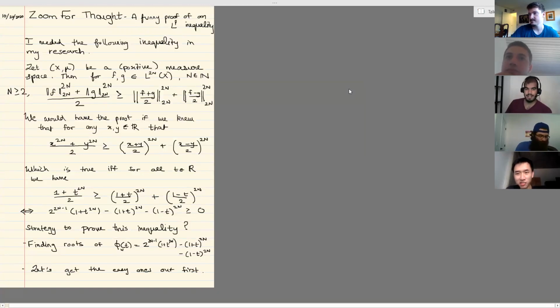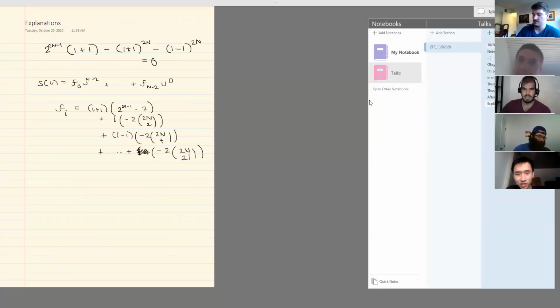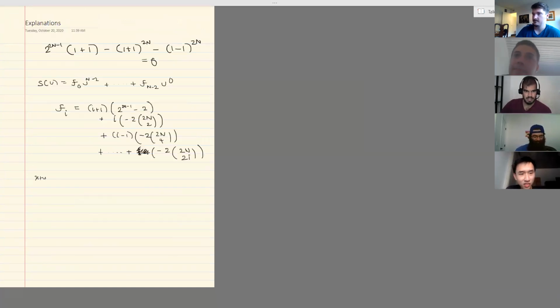So what if you substitute a equals (x plus y) over 2 and b is (x minus y) over 2? I guess that's why I have this explanations thing. So you have this inequality over here.